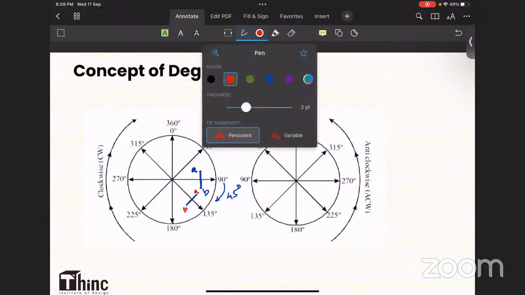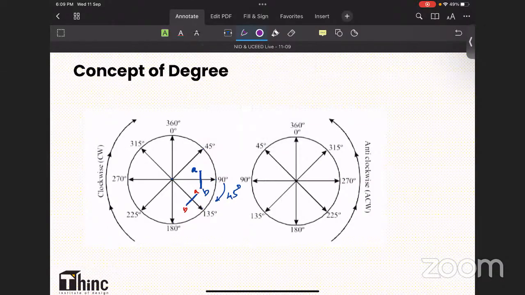If it is a 90 degree rotation, then A will be here and B will be here. So this is 90 degree rotation. 90 plus 90, 180. Just follow what is happening to a line in rotation. Line rotation is very much important.